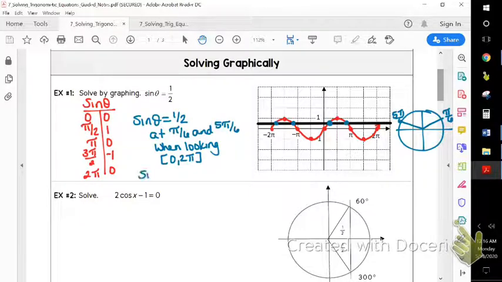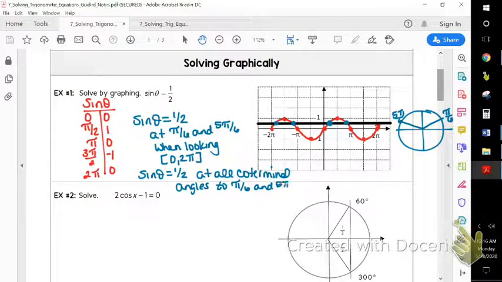So sine of theta equals 1/2 at all coterminal angles to pi over 6 and 5 pi over 6. This is when we look at it from negative infinity to infinity, so it has what we call an infinite number of solutions. This is where we talked about that plus 2 pi n, or k, before, and we'll be looking at that in a little bit.